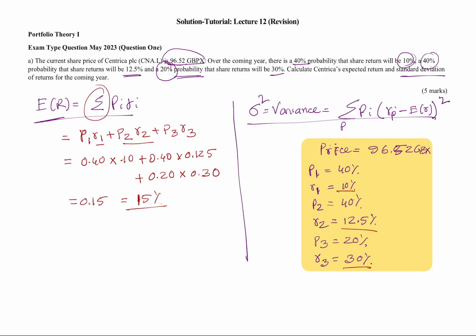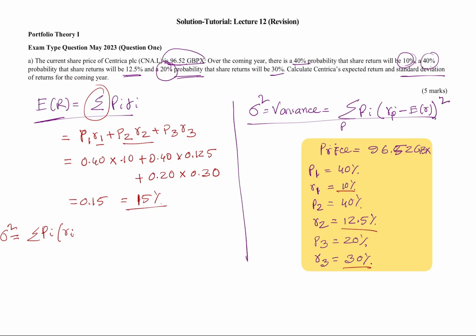Now, when we calculate the variance, we need to take away this 15% from every single return. So sigma square is the summation of Pi times Ri minus the expected return, squared. I'm just writing it again so you can remember it.